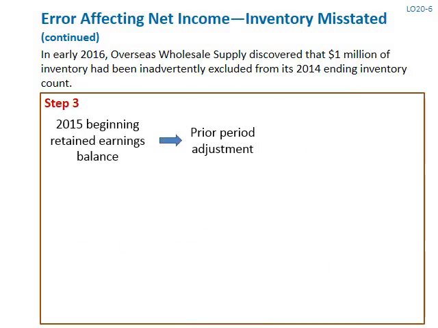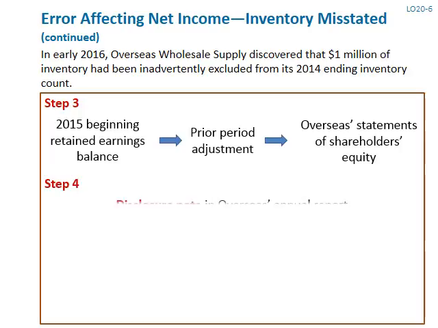Because retained earnings is one of the accounts incorrect as a result of the error, the correction to that account is reported as a prior period adjustment to the 2015 beginning retained earnings balance in the statement of shareholders' equity. Of course, no prior period adjustment is needed if the error isn't discovered until 2017 or later.